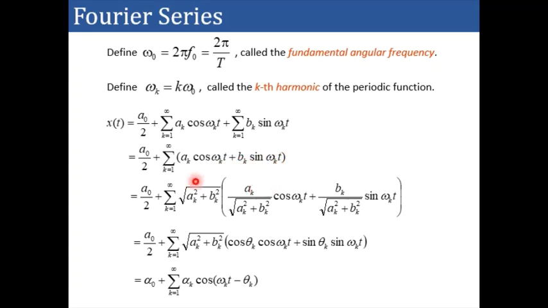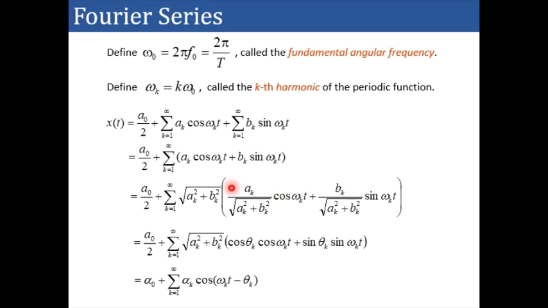Now if we multiply and divide by the root of a_k squared plus b_k squared, we can write the above expression as a0/2 + sigma k=1 to infinity root of (a_k squared plus b_k squared), and in the bracket we will have a_k upon root of (a_k squared plus b_k squared) cos(omega_k t) plus b_k upon root of (a_k squared plus b_k squared) sin(omega_k t).